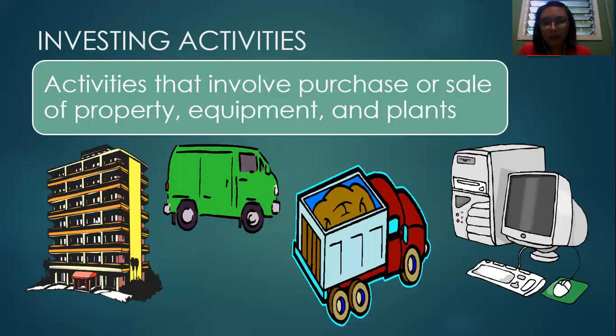Purchase means the business bought. Sale means the business sold. Purchase of property, equipment, and plants is an outflow since the business gives out money to acquire a non-current asset. On the other hand, sale of property, equipment, plant, intellectual properties is an inflow. That's quite clear. It only involves non-current assets.